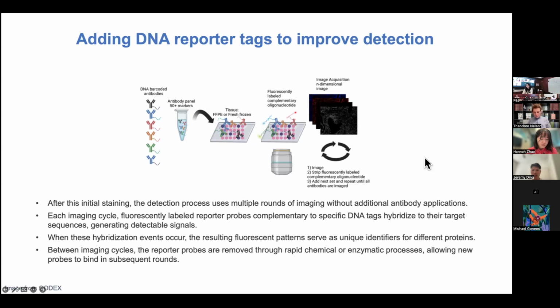That becomes very similar to the imaging-based spatial transcriptomics that we just discussed, but you're still detecting the probes with the antibodies. Then you can strip these specific DNA reporter tags with photo cleavage, most of the time with UV, and go over the cycles. And this is the backbone technology of CODEX, now Akoya's PhenoCycler.